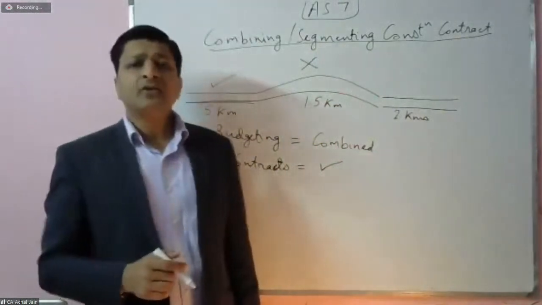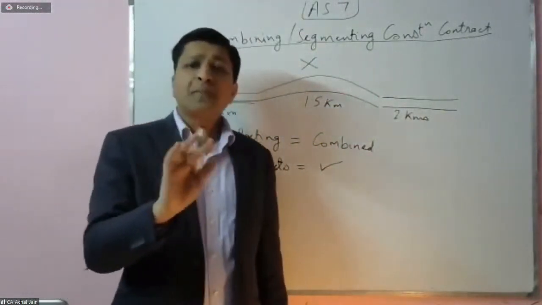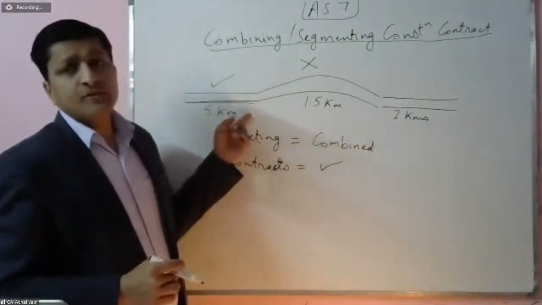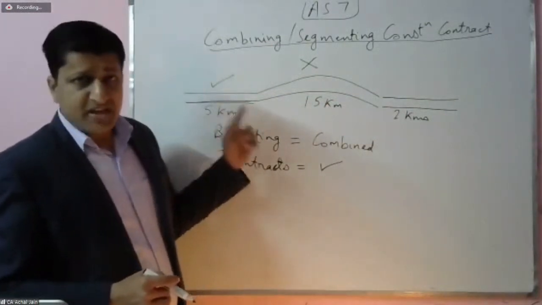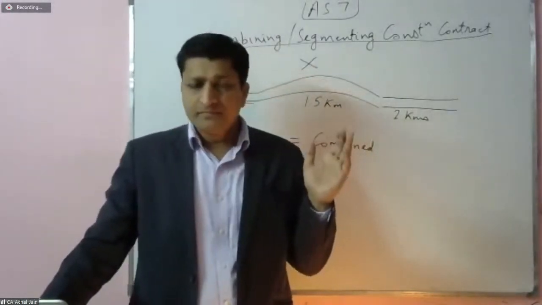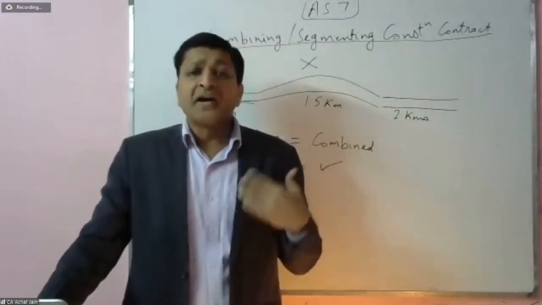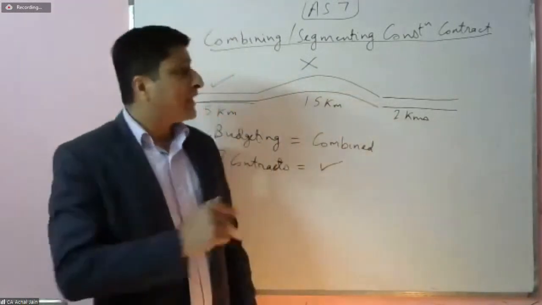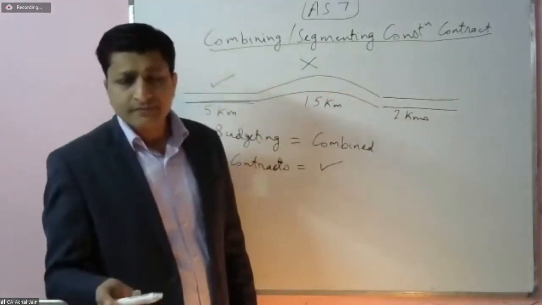In such a scenario, authority will not pay him for the first project also. Why? Because the understanding is very clear that he needs to complete all these 3 projects.